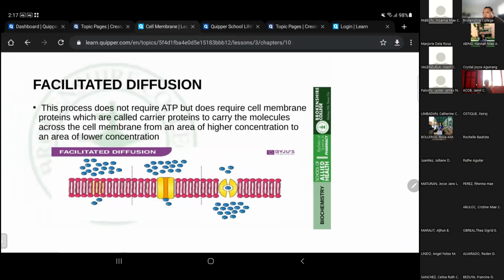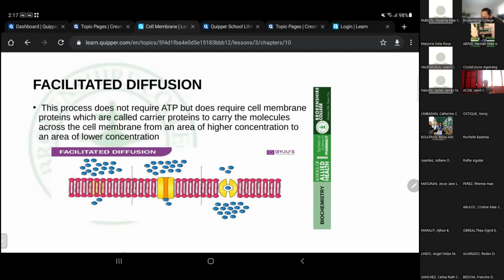These are our integral membrane proteins. As long as the molecule of that particular chemical configures with the shape of the channel, it is easier for it to be facilitated to move inside the cell.